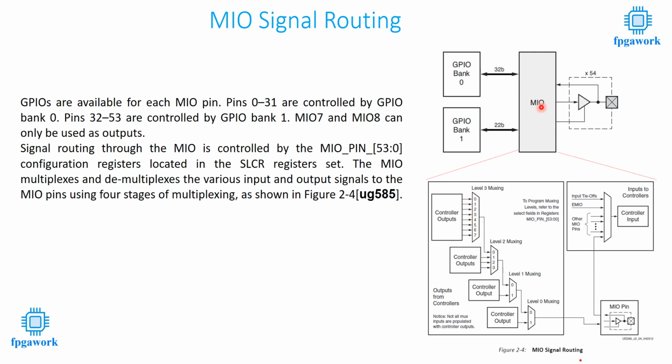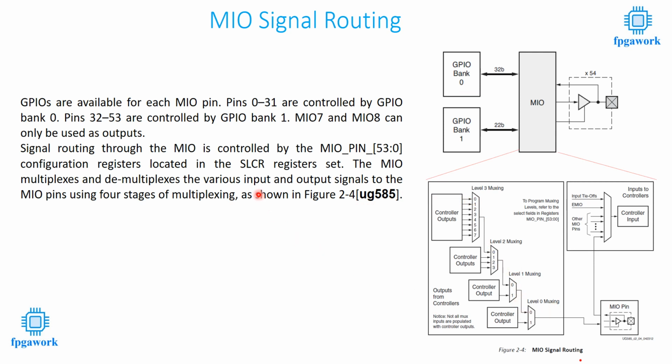MIO has 4 levels: 0, 1, 2, 3. Why do we have different levels? Because some I/O peripherals have high data rate, so we can directly route them using level 0 and bypass the other levels. Other I/O peripherals which require low data rate, like UART or GPIO, we can route via all 4 levels.